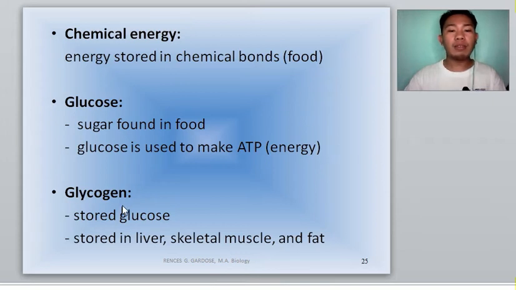Because of this stored glycogen in our liver and other parts of our body, when we are hungry, we don't die directly. Because glycogen will be converted into glucose later on, so that we can still survive in the succeeding hours without eating.